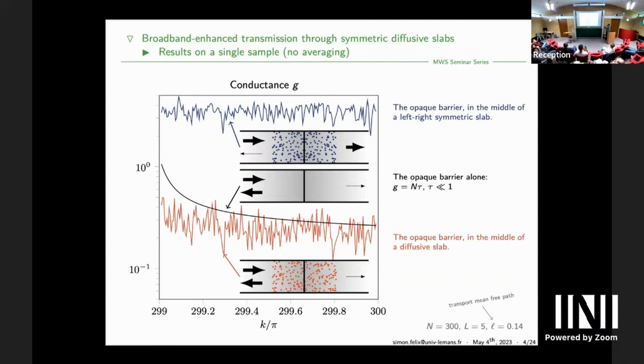Now, if I average on many realizations, I will still see this enhancement. So it can be observed on only one sample, and it resists averaging. And so what we see here is that in the case of the symmetric arrangement, we have a strong increase of the conductance due to this symmetry.